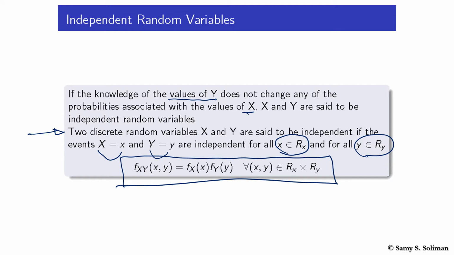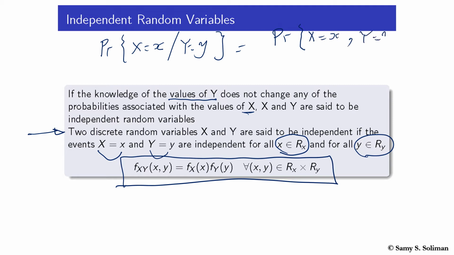And again, this is what we concluded before, because for example, if we want to calculate the probability of X taking a specific value small x, given that Y equals a specific value small y, this is the probability of the intersection of the two events. So this is the probability that X equals small x and Y equals small y, divided by the probability of the condition, which is the probability that Y equals small y.